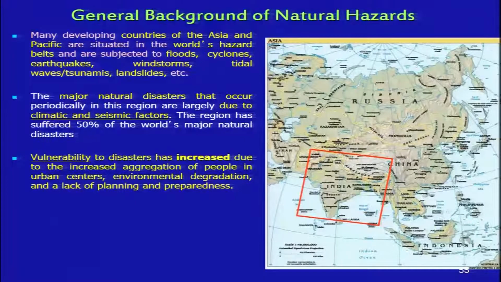We understand that we are progressing well in developing the infrastructure, but still the question remains whether in urban planning we have taken into consideration what type of hazards we are going to face.